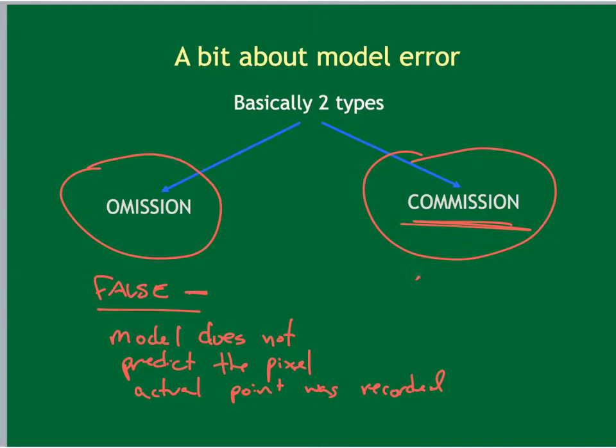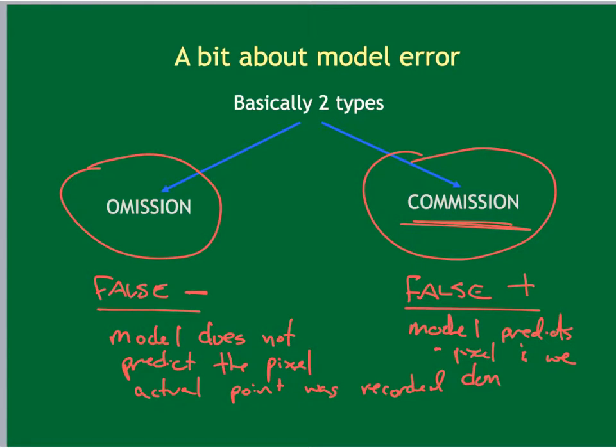Commission, on the other hand, is what we call a false positive, or the model predicts a pixel and we don't have a record of the species at that pixel.